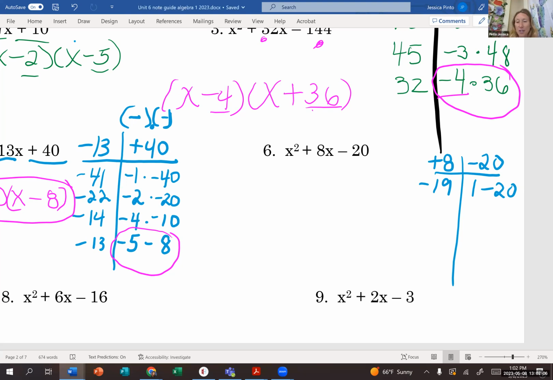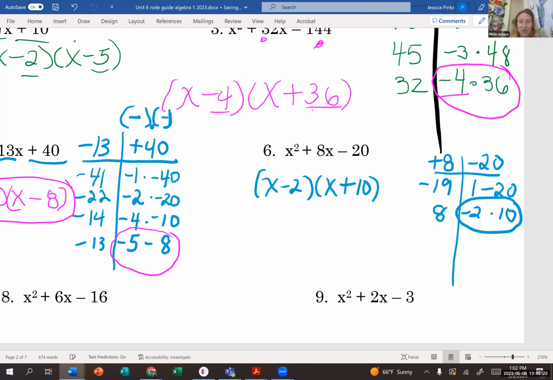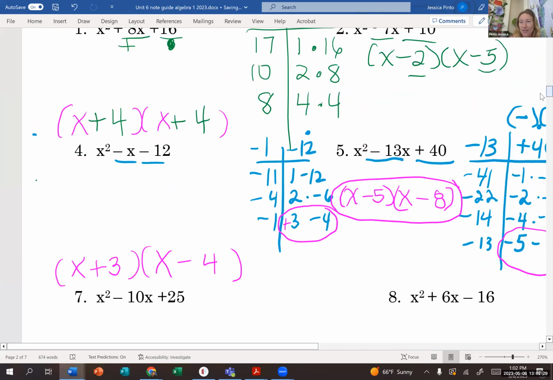So I'm going to switch, making this -2 and then +10. And 10 minus 2 is 8, so I found the numbers. This was a great one. I write this as x minus 2 and x plus 10. Super duper. Okay, cool. Let's keep going. We're making great progress.